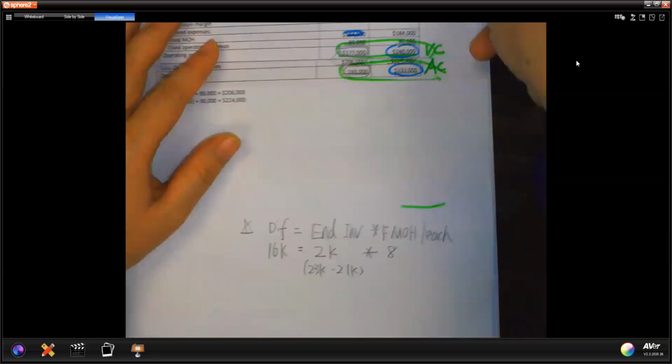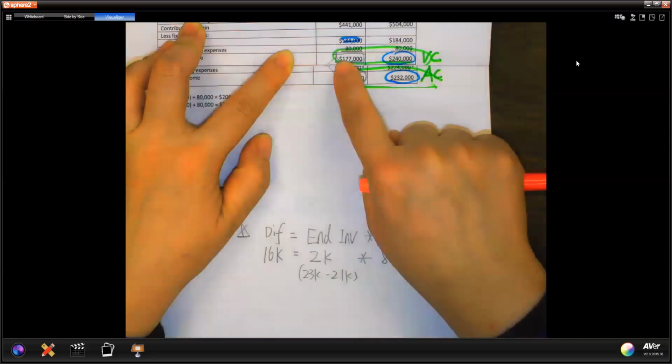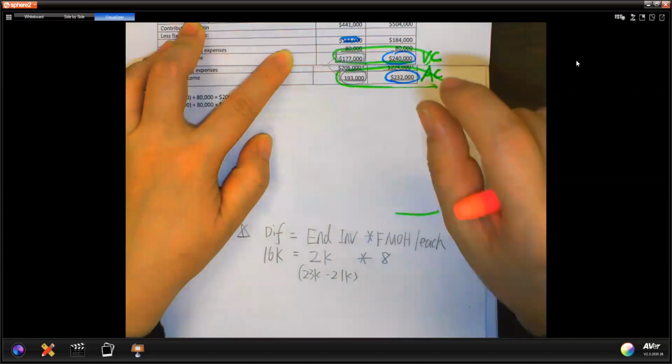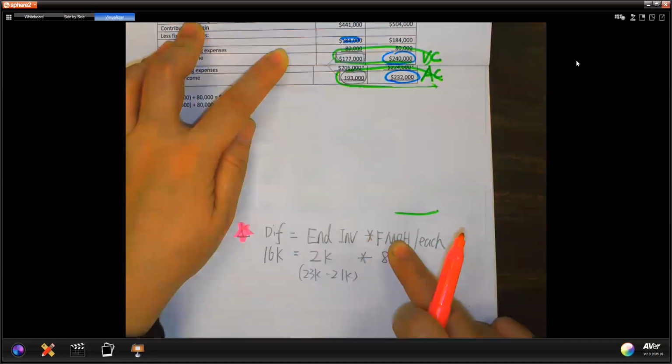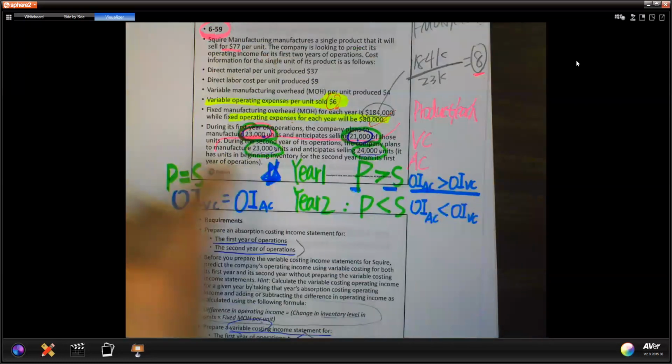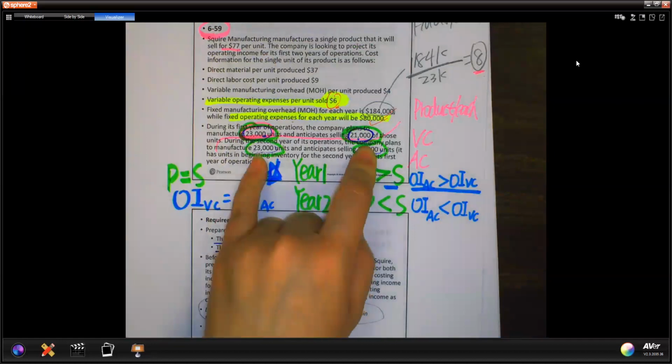Under absorption it is 193,000, under variable costing it is 177,000. They are not the same, but what's the difference? The difference is your ending inventory times your allocated fixed manufacturing overhead. You produced 23,000 and sold 21,000, so your ending inventory is 2,000.